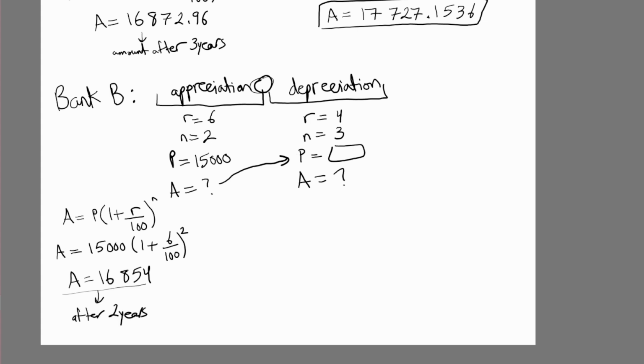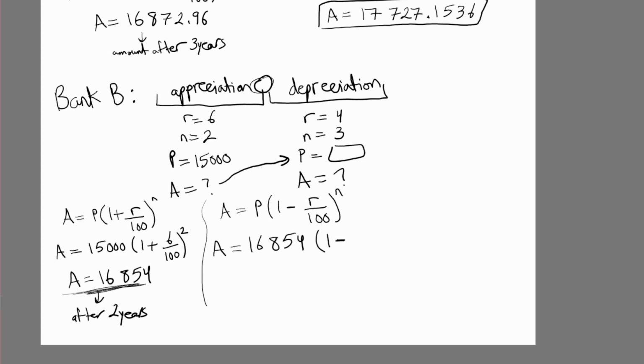Now for the next 3 years, we'll be having a depreciation, as you can see here, and the principal will be this. This is the principal for the next period of time. So now I'm gonna write the depreciation law. So amount is equal to principal multiplied by 1, and this is just gonna be a minus instead of a plus because this is depreciation, to the power of n. So the final amount will be the principal amount, which is 16,854 multiplied by 1 minus 4 over 100 to the power of n, which is 3 years.